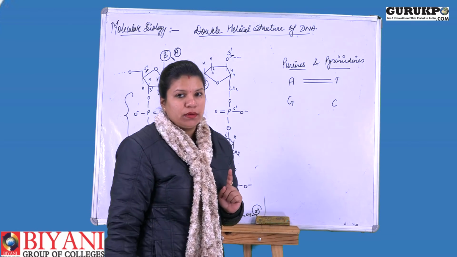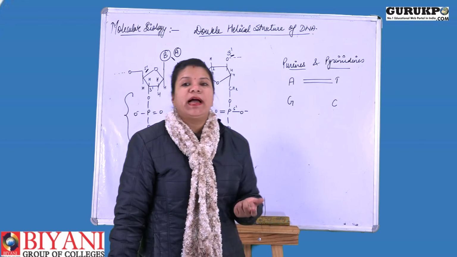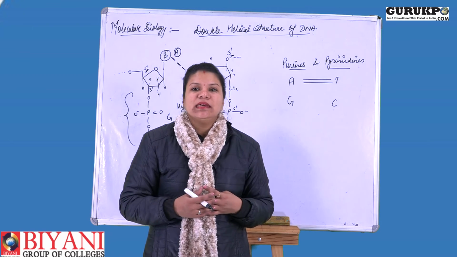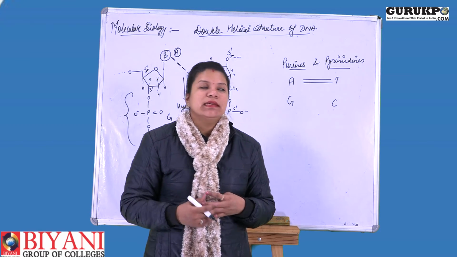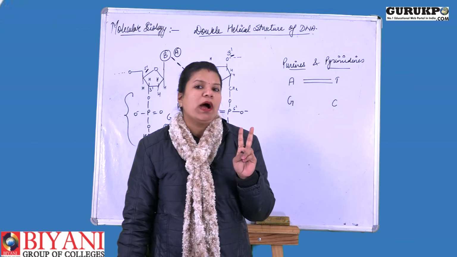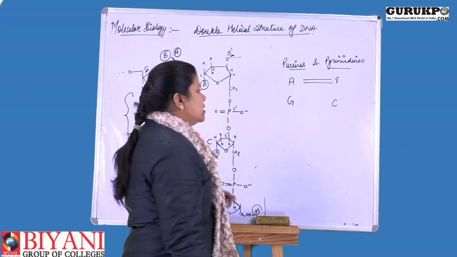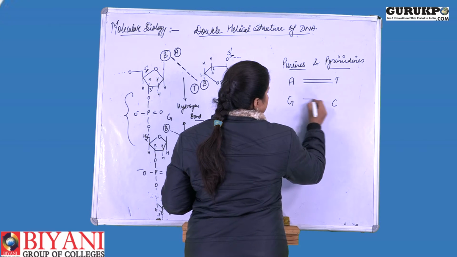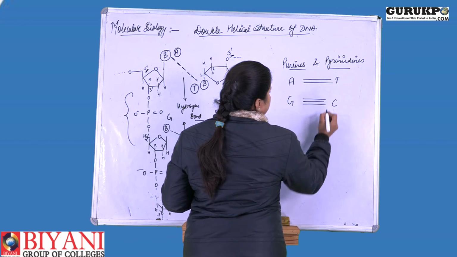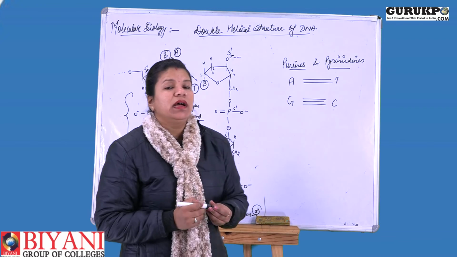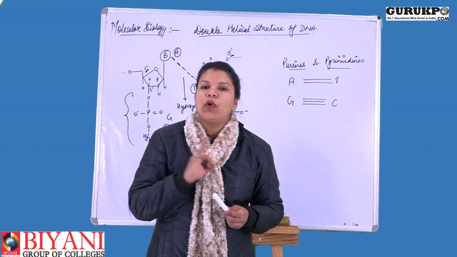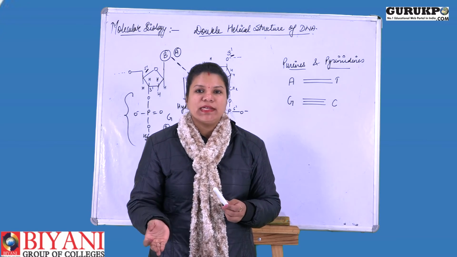That is, whenever you find an AT base pair in a DNA structure, there is the presence of two hydrogen bonds, right? But when we talk about the bonding between the guanine and cytosine, there occurs the presence of three hydrogen bonds between the guanine and the cytosine and vice versa.